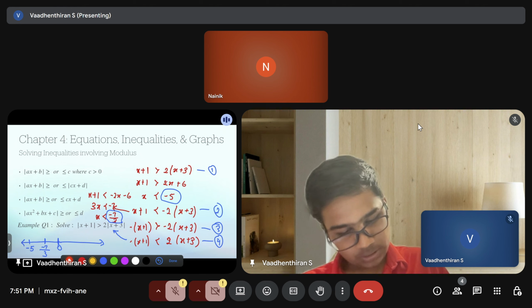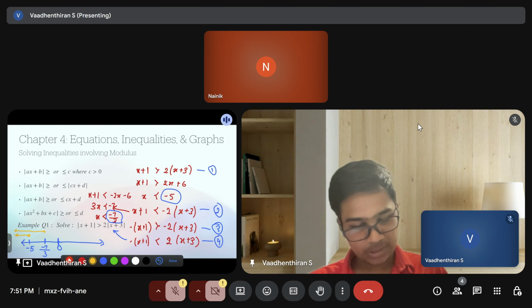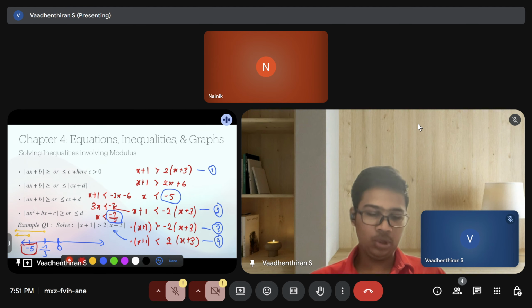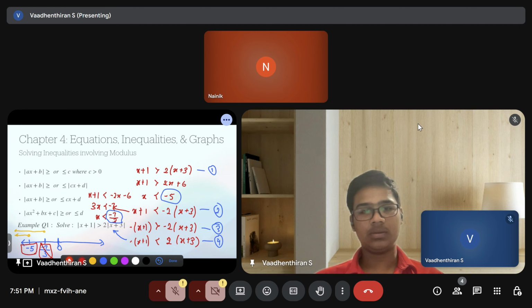When you draw the x value, it will move towards here, and this also moves towards here, any number less than that. So ultimately any number less than negative 5 can suit it. You don't need to write this as the answer also. You can just write x is less than negative 5, because within negative 5 is only negative 7 by 3.